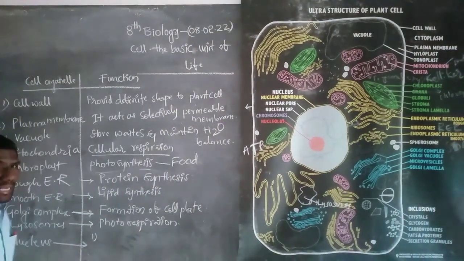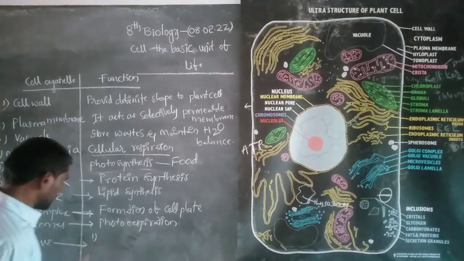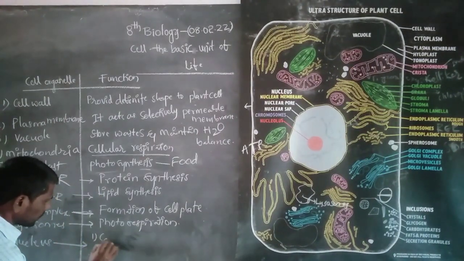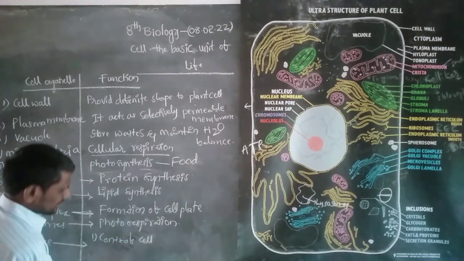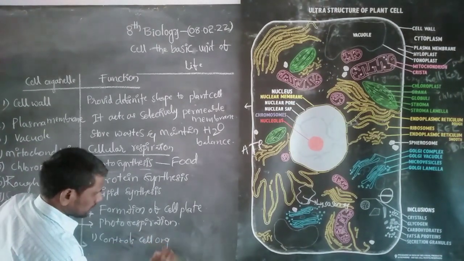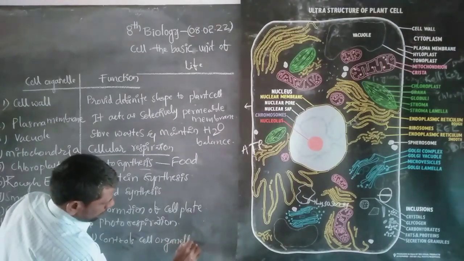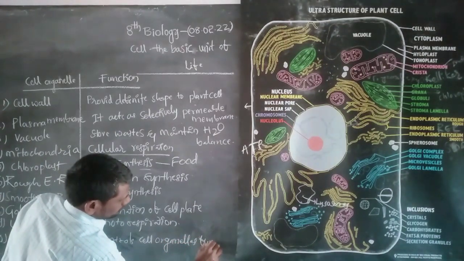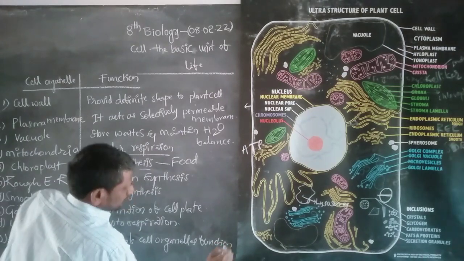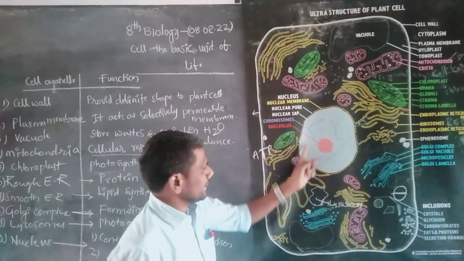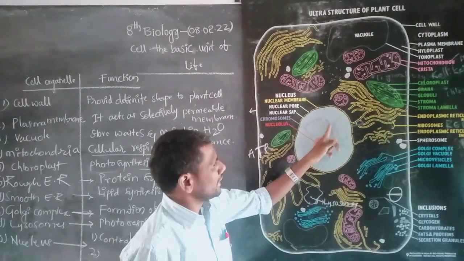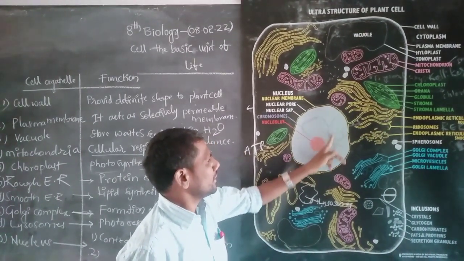It has mainly two functions. One is that it controls the cell organelles' function. Second, it consists of thread-like structures.